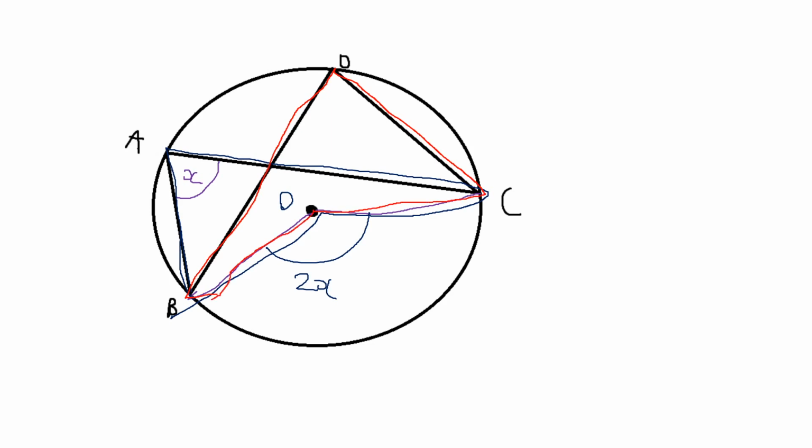It's the exact same. So therefore this has to be x, isn't it? Because otherwise this can't be 2x, because we've proven that this is double this. So therefore these two angles are equal.